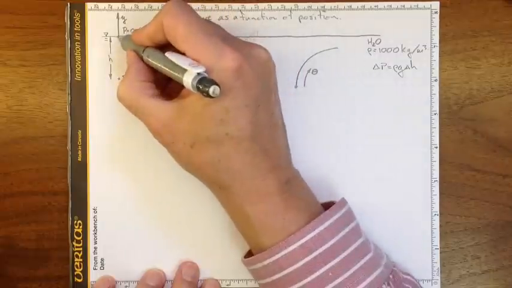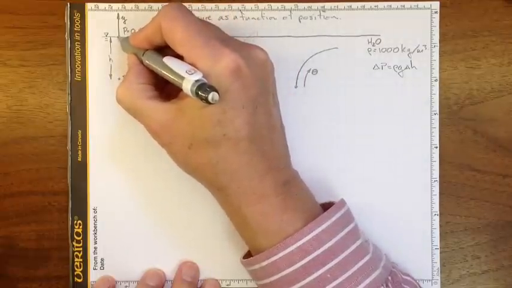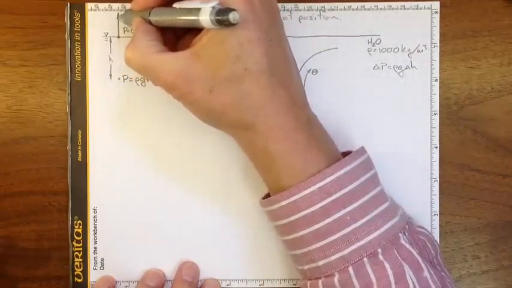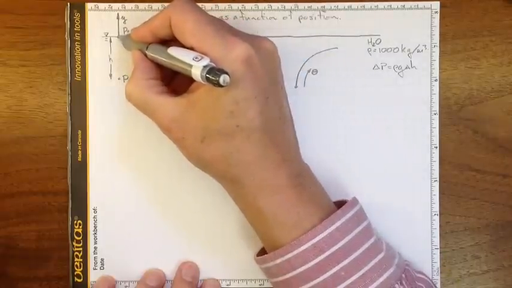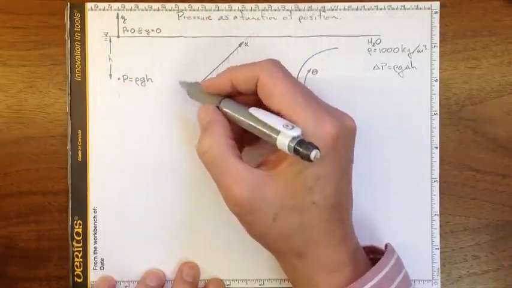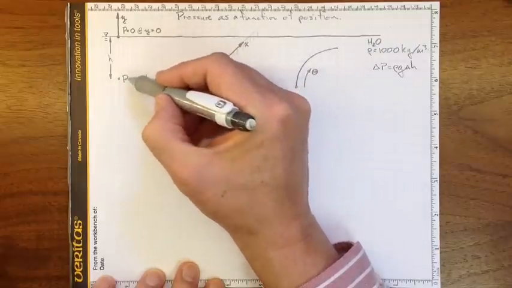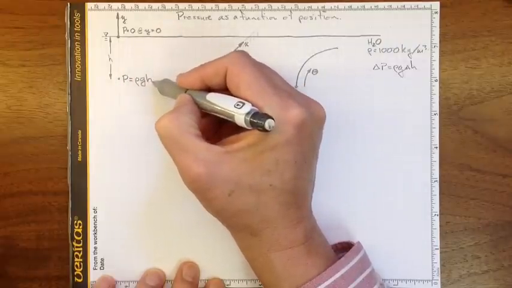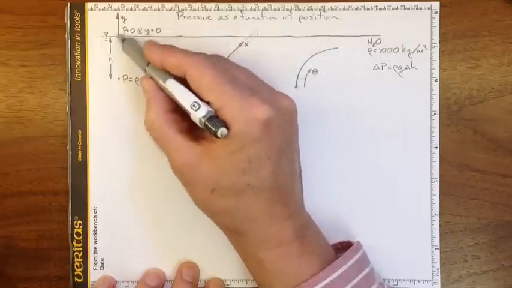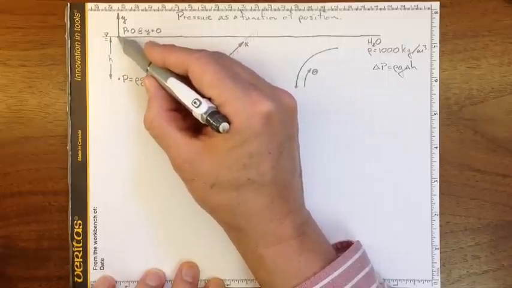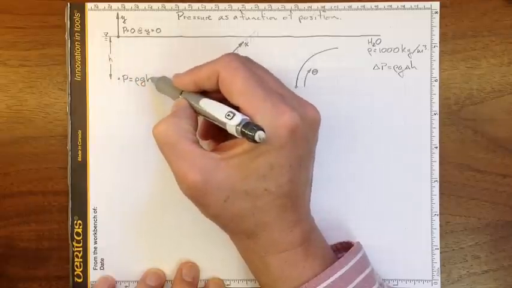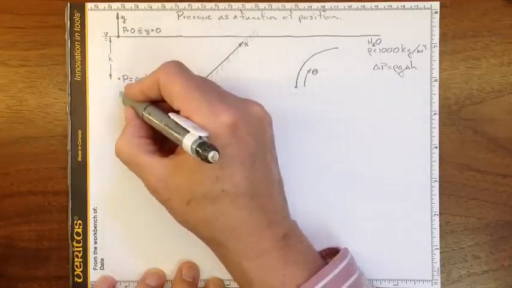For instance, if we're already working with a coordinate system that has y positive upwards with the origin at the surface of the water, then obviously as y goes negative, P is going to become positive. And that's a fairly straightforward transformation of coordinate systems: from here we have H, there we have y is negative H.